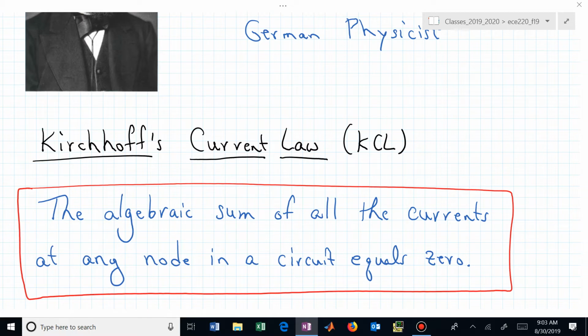And that is stated here in the red box, and that says that the algebraic sum of all of the currents at any node, and a node is just an interconnection between elements in your circuit, the algebraic sum of all the currents at any node in a circuit equals 0.